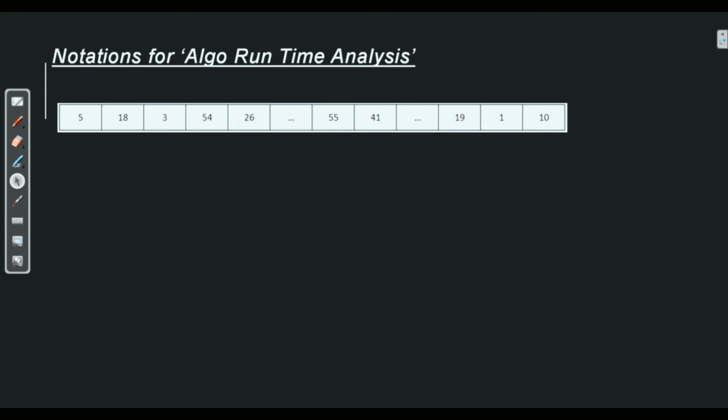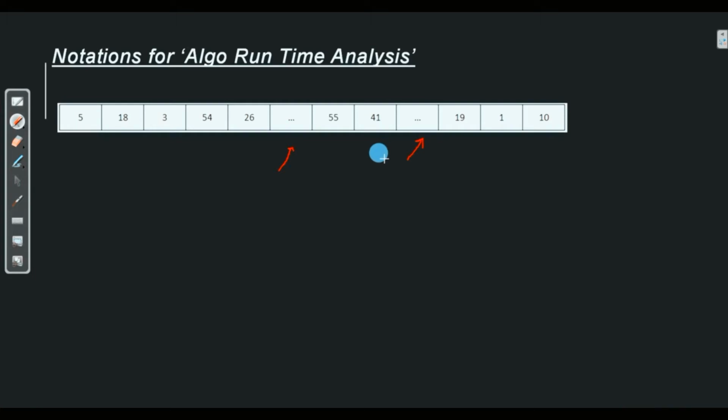So here we have a 1D array. As we can see, this array is not a sorted one. Now this dot dot over here implies that there are a lot more numbers in between. It can be millions or billions of numbers.